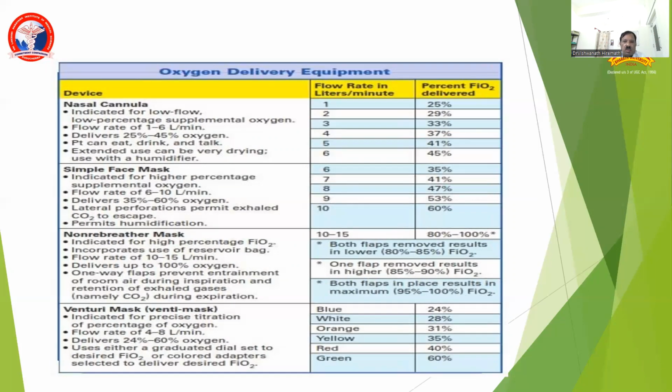We can provide FiO2 of 35 to 60%. Still, if it is not attained, you can plan for a non-rebreathing mask and fixed orifice devices.